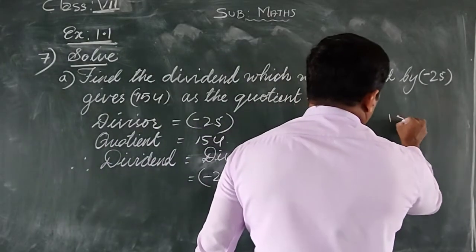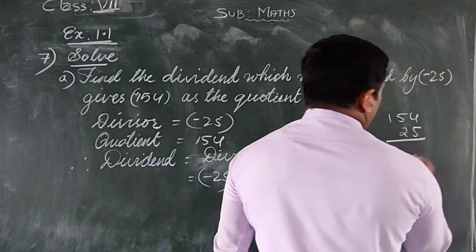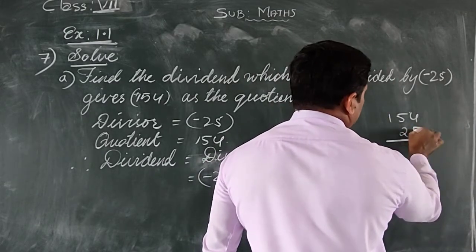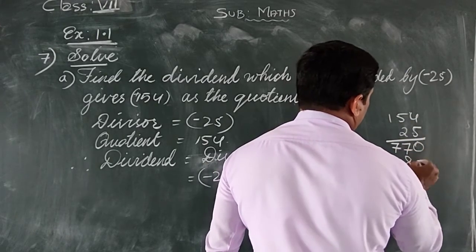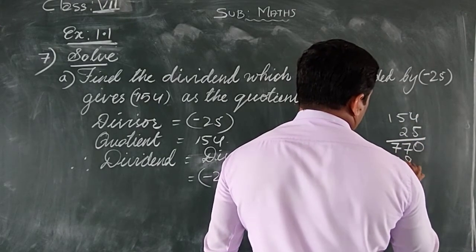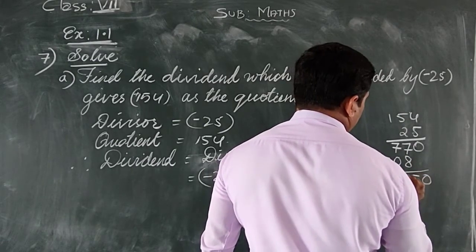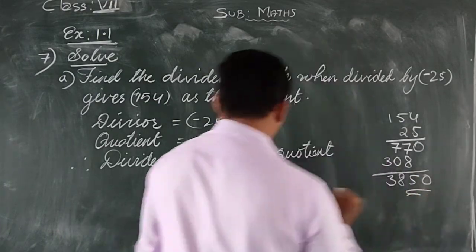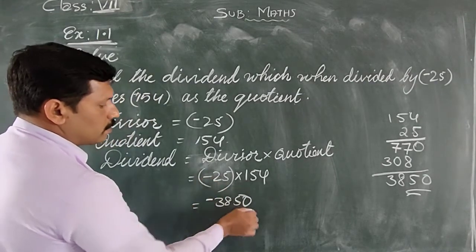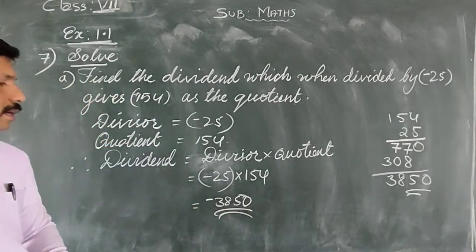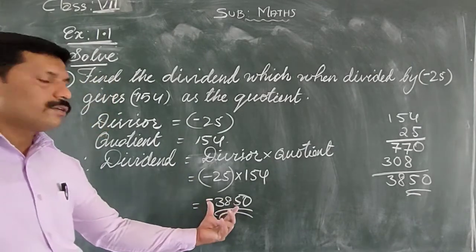So we multiply 154 into 25. 5 4s are 20. It is equal to 3850. As one number is negative, the answer will be negative. So negative 3850 is the dividend.